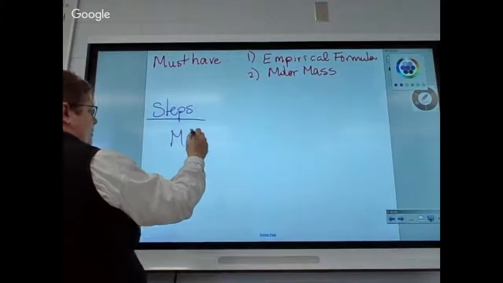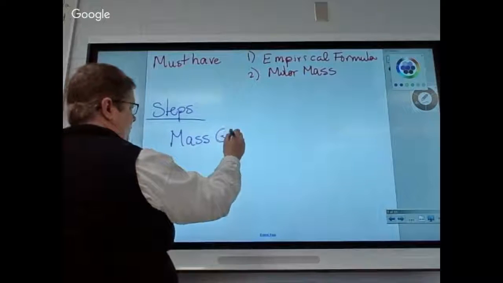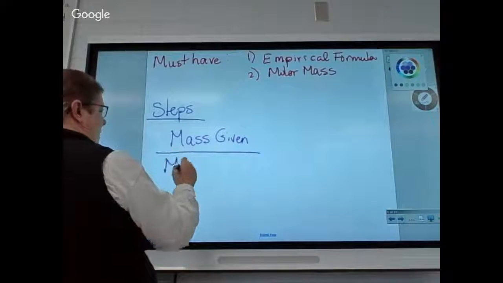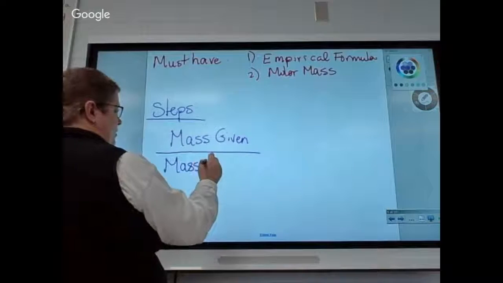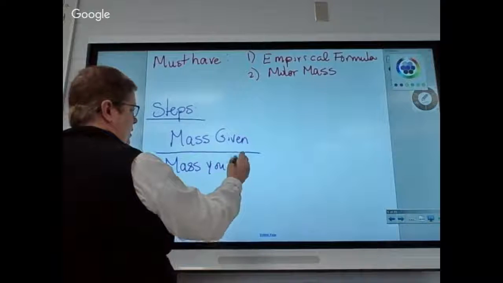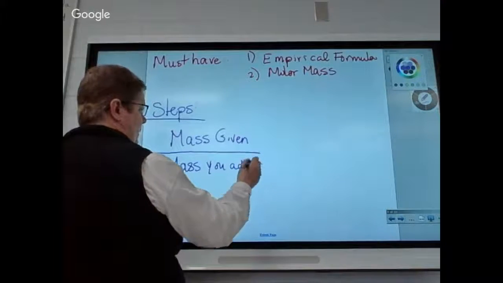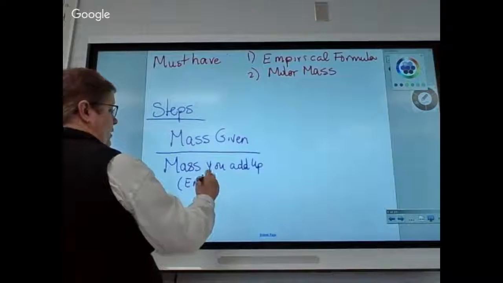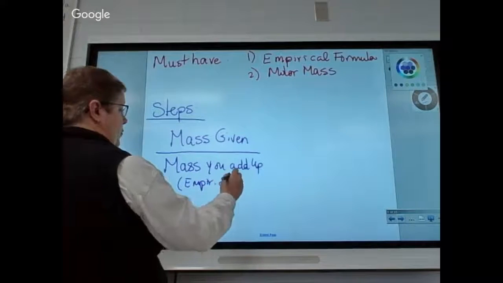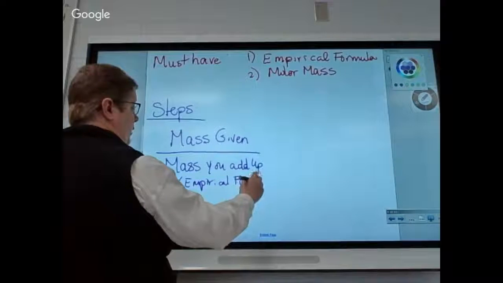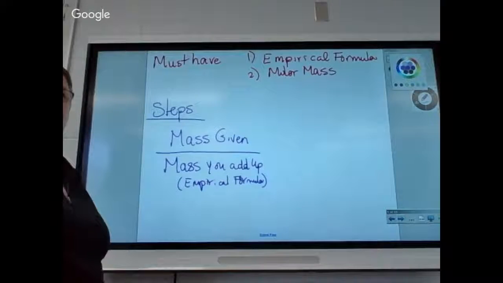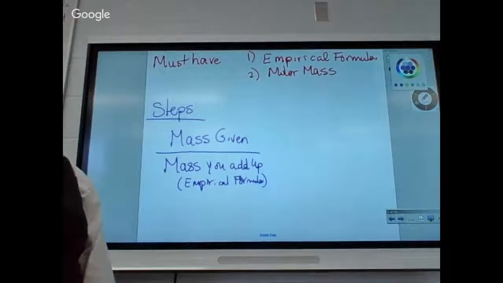Take the mass that's given. Divide by the mass you add up. The one that you add up is from the empirical formula. So there's going to be a mass given to you in the question.